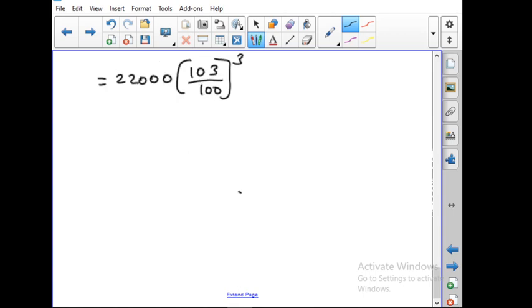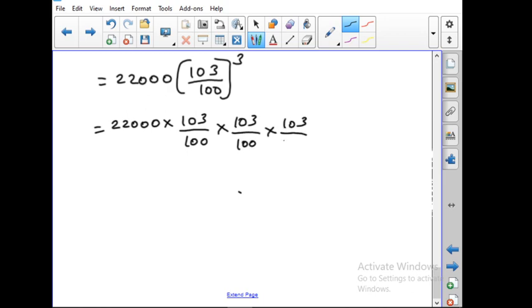So we have to write like this: 22,000 into 103 by 100 into 103 by 100 into 103 by 100. So we can simplify, and we get the answer, rupees 24,040.